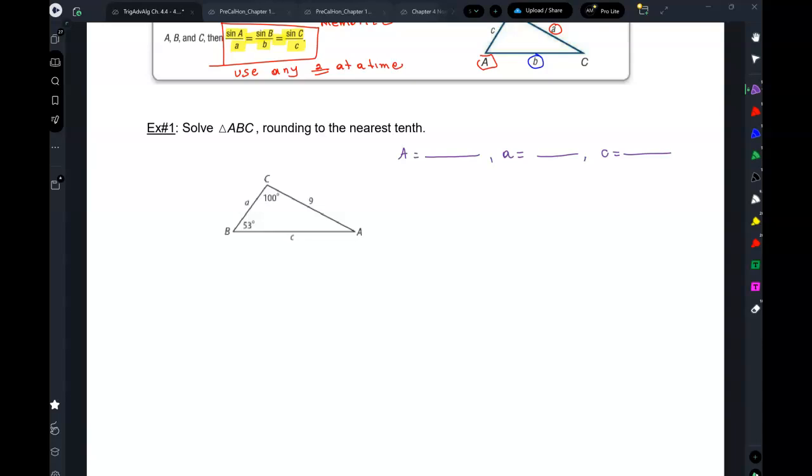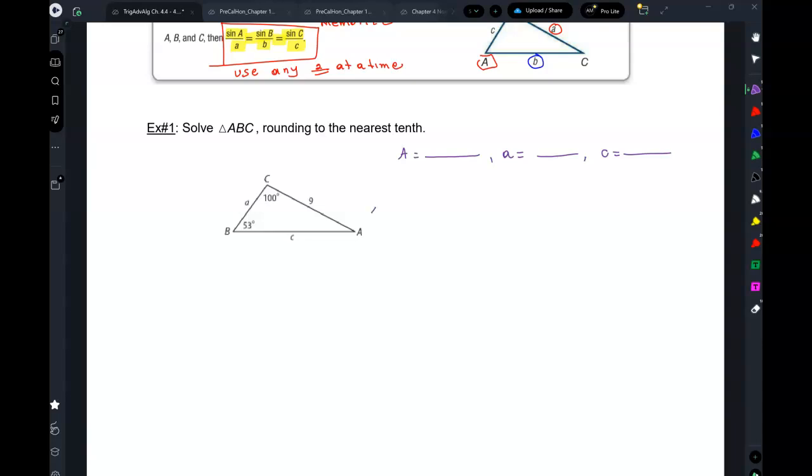The pair for which you have both angle and side is what you have to start with as your starting point. Now, because you have two angles given, it's easy to find the third angle as well. Go ahead and find angle A first.